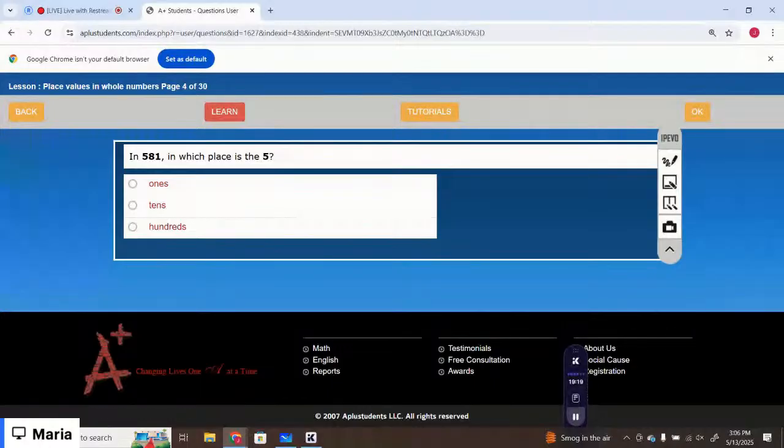In 581, in which place is the 5? Five is at the hundreds place. The correct option is hundreds.